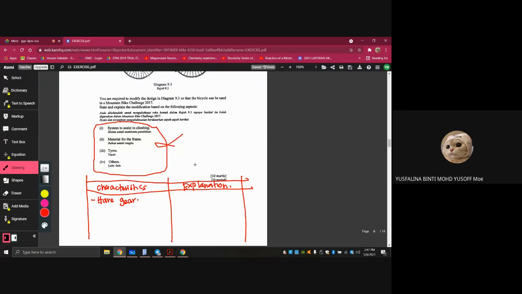Now the explanation: why do you have to have a gear? Can I say to assist in climbing? You cannot use the sentence in the question as your answer, so you have to find something else.